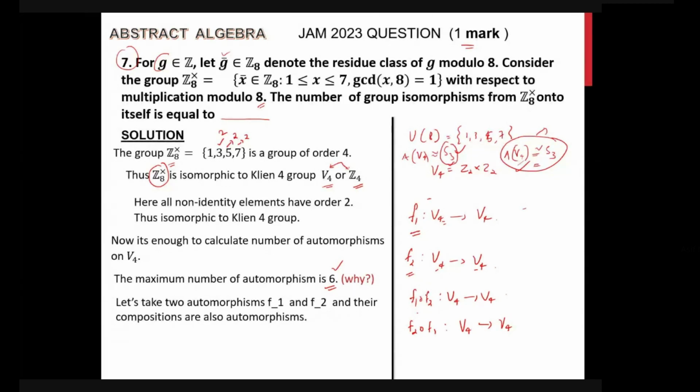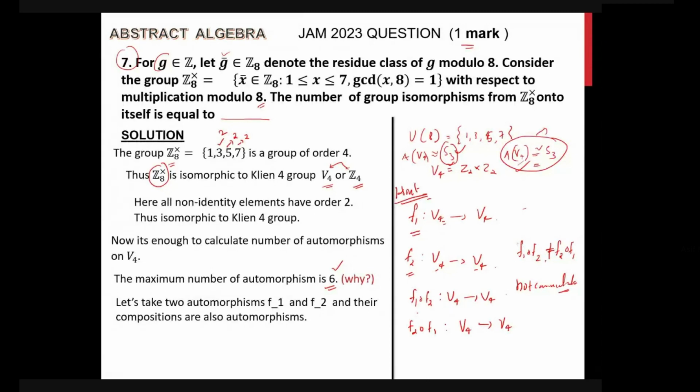And if you find F1 composition F2 not equal to F2 composition F1, that means this is not commutative, right? I will give you the hint. What you have to do is take two automorphisms from V4 to V4, find F1 composition F2 and F2 composition F1, and check whether they are commutative or not.